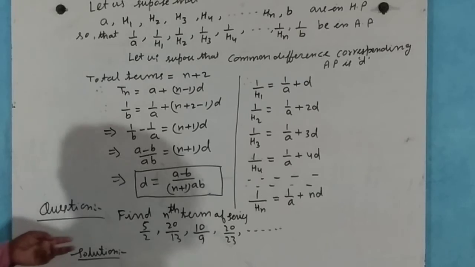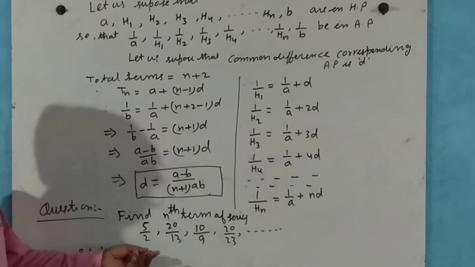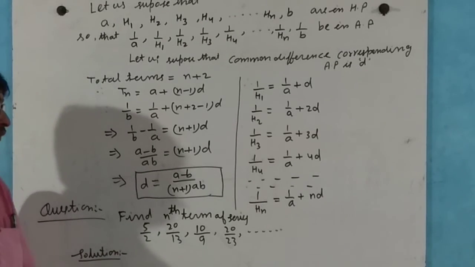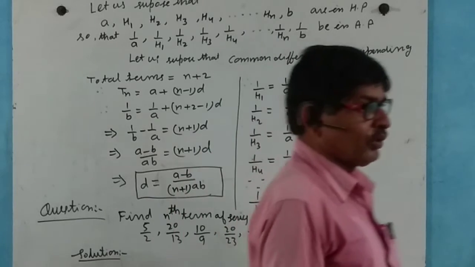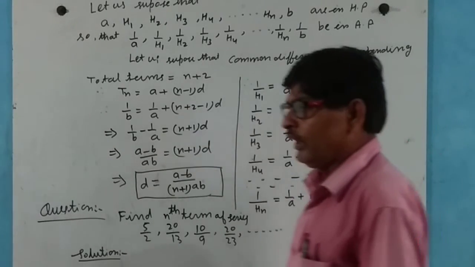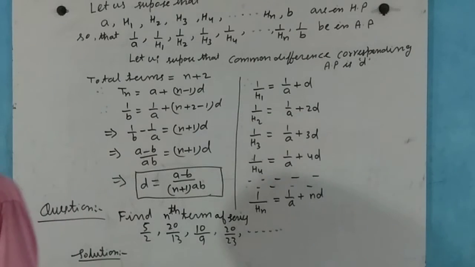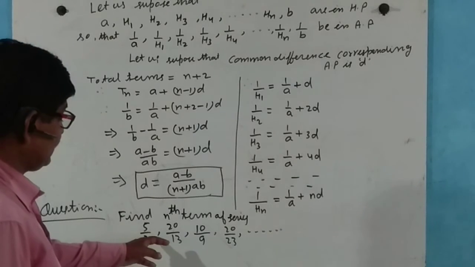Now one question here. Find the nth term of the series 5 by 2, 20 by 13, 10 by 9, 20 by 23, and so on. Here we have to study arithmetic progression, geometric progression, and then harmonic progression. In this case, first of all, we identify the progression: whether it is arithmetic, geometric or harmonic.